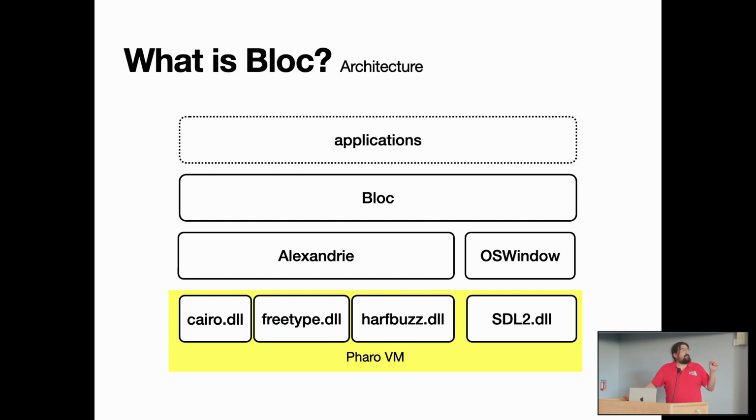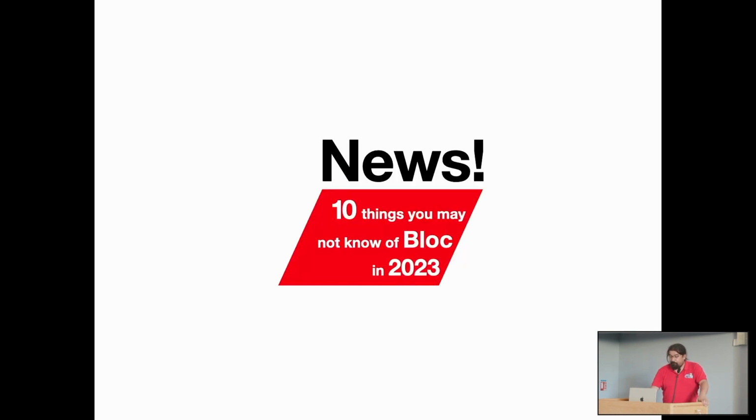And with this, on top of Alexandrie, now we have Bloc that can render at a really good speed and have good results. Also, we have added HarfBuzz, but I will talk later on why we want to have an additional library and why we are paying the price of having an additional library, which is open source, but why we want it.